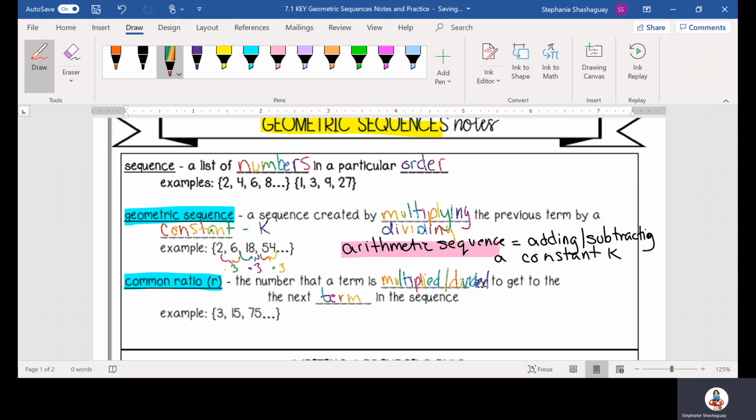So here, to go from 3 to 15, we multiplied 3 by 5. To go from 15 to 75, we multiplied by 5. So here, our common ratio, R, is equal to 5.